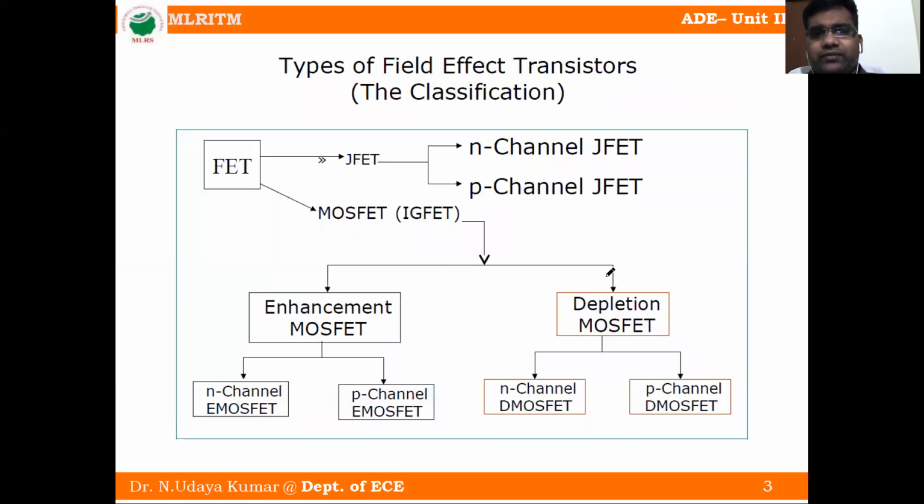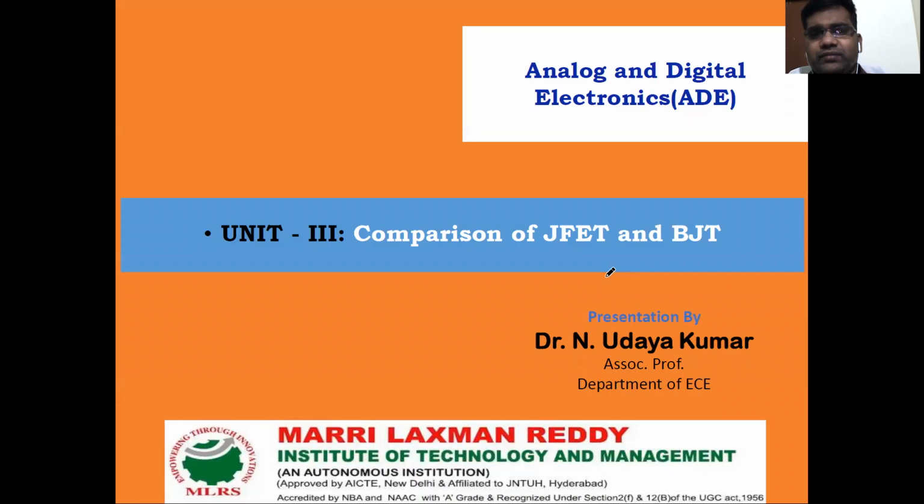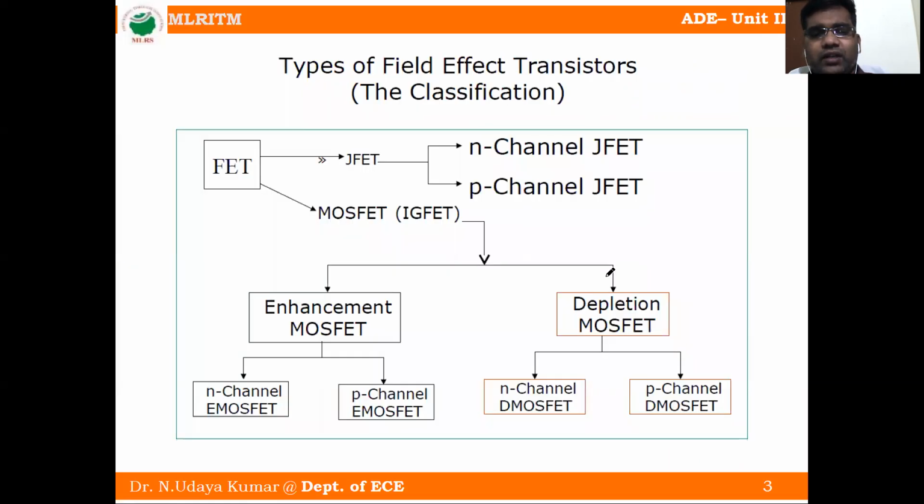Before going to the types, we have three terminals. What are they? Source, drain, and gate. What do we mean by source? The source terminal is connected to the negative terminal of the battery.